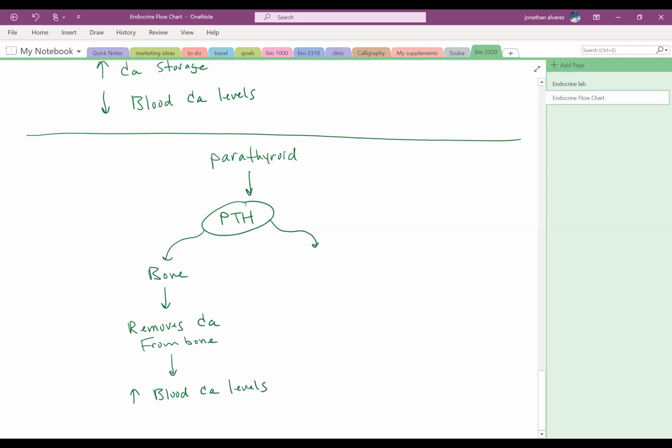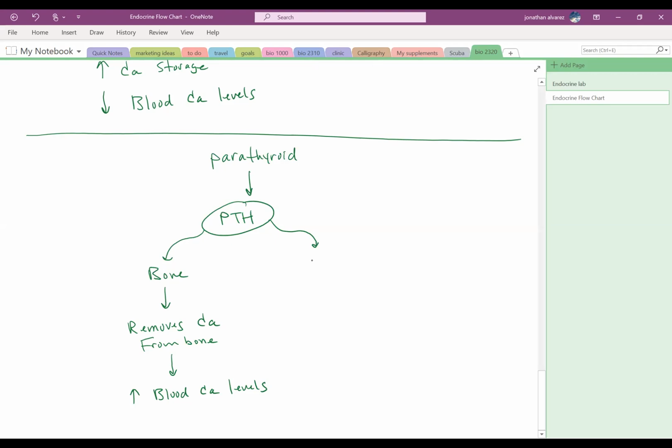That means your body is currently experiencing hypocalcemia, which means not enough calcium in the blood. So your body goes, no problem, you're not going to eat it, I'll just get it from bone. So that's one way parathyroid hormone is released.